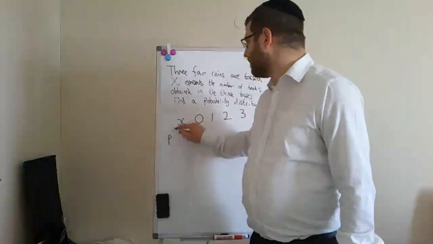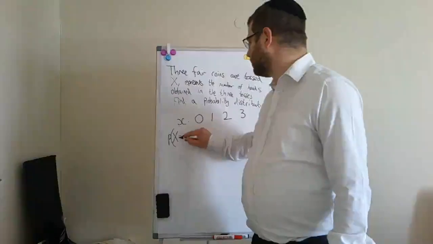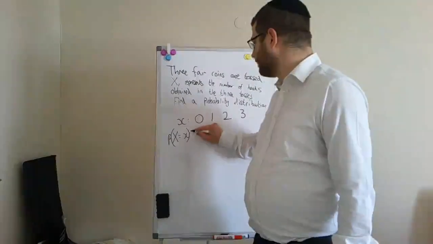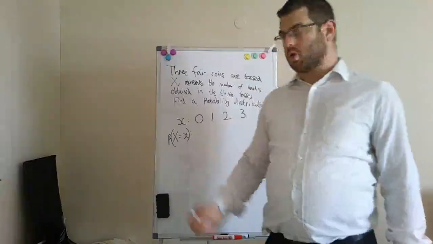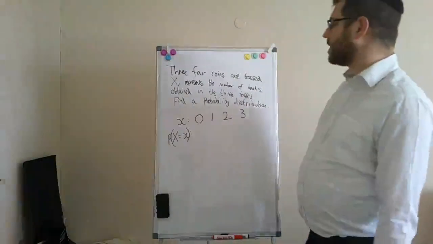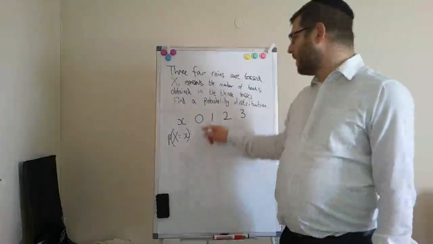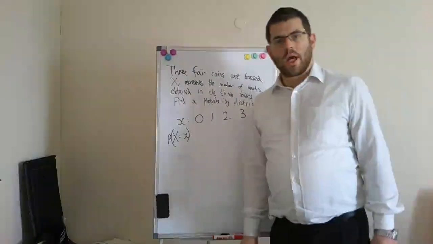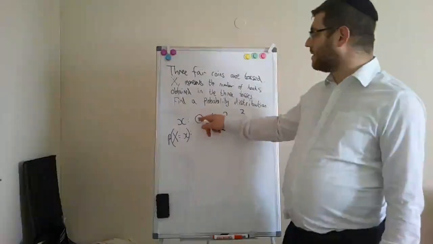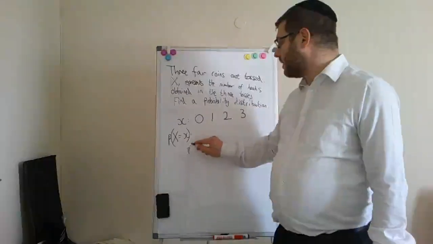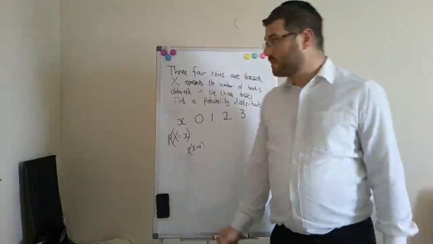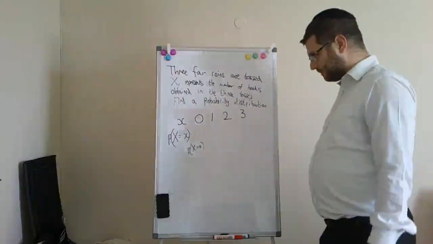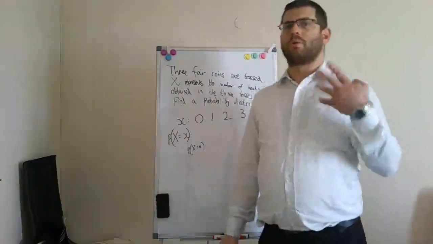And then we have the probability label, where the probability that my experiment, which is tossing 3 coins, equals each of the individual outcomes. Now the easiest ones to do are this one and this one. Because if I have to work out the probability of 0, which means the probability that when I toss a coin 3 times I get 0 heads, you have to ask yourself, well, what does that mean?